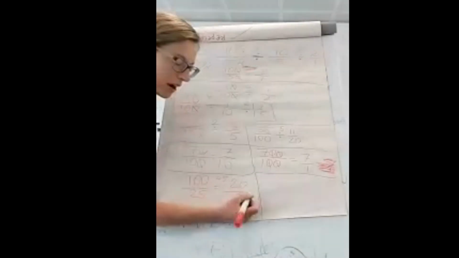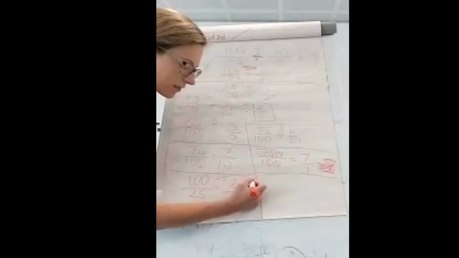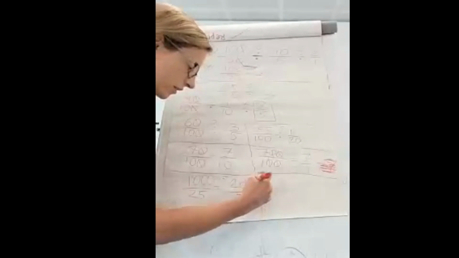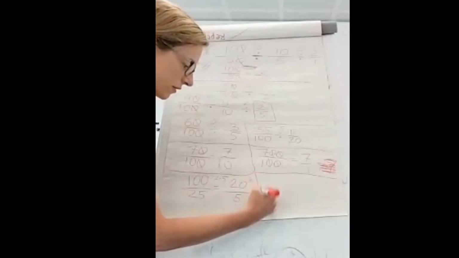Can we do it again? Yeah. So by what? By 5. By 5. And another by 5. Over 1. So 20 divided by 5 is 4. 4 over 1. Yeah. So these are 4 whole pieces.